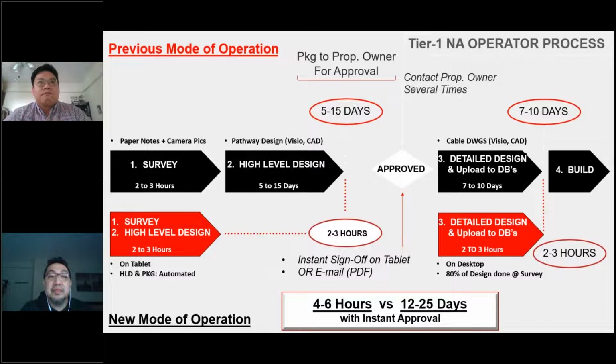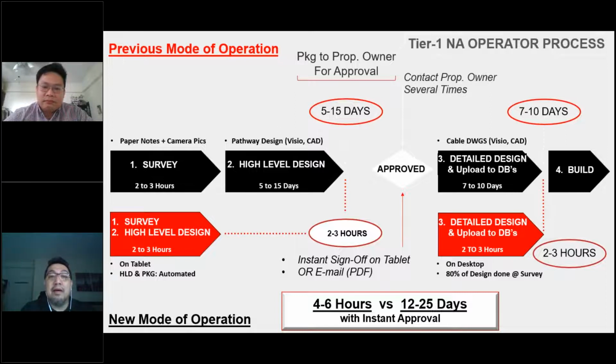Plus you need to schedule a meeting with, number one, the service provider, and number two, the developer. Once this is approved, you need to do the detailed design and upload it to the database, which takes about 7 to 10 days. Then you go to build. So you can just imagine the time consumed.